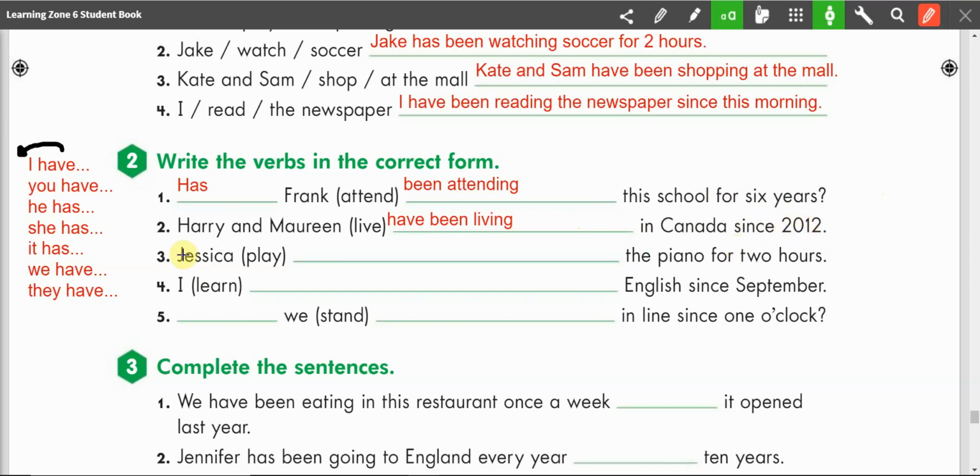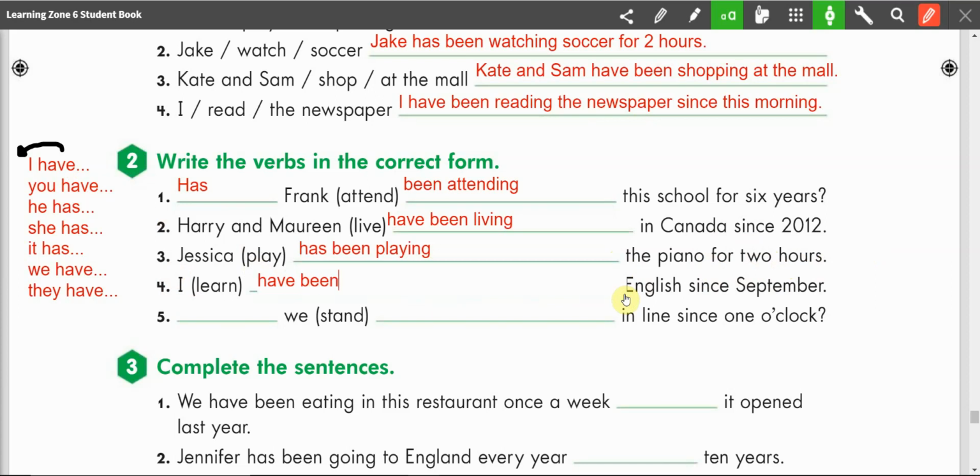Number 3, Jessica is a she. So Jessica has been, all right, how do we do this? Play plus ing is playing the piano for 2 hours. So as a quantity of time. Number 4, I is have.